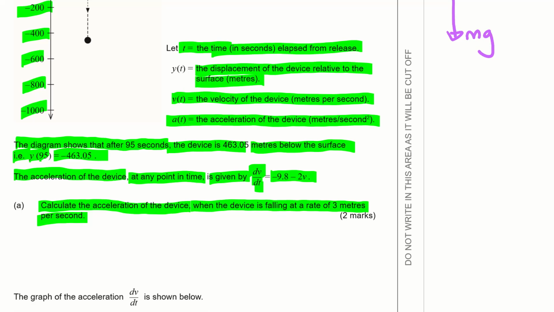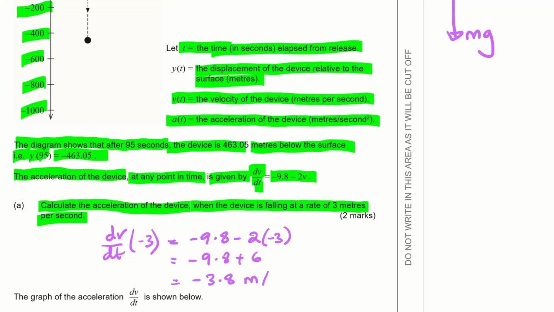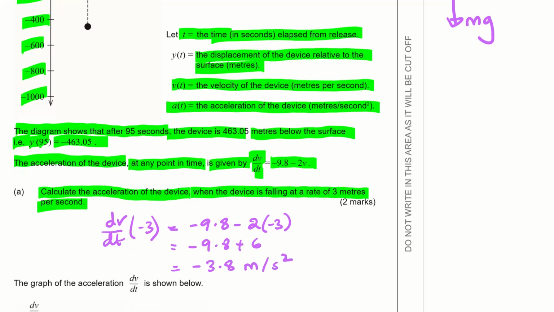So, remember downwards is negative, so we're after dv/dt when v is negative 3, and that's negative 9.8 take away twice negative 3, so that's negative 9.8 plus 6, which is negative 3.8 meters per second squared.